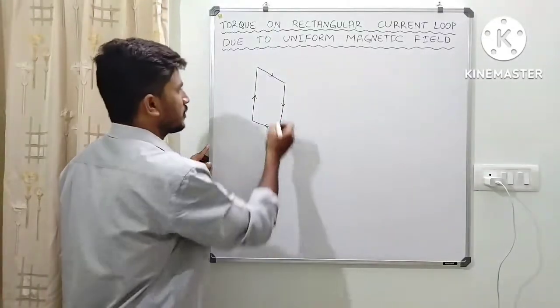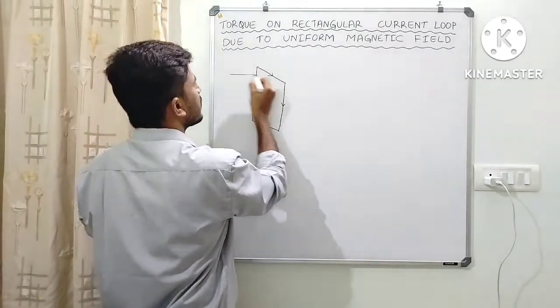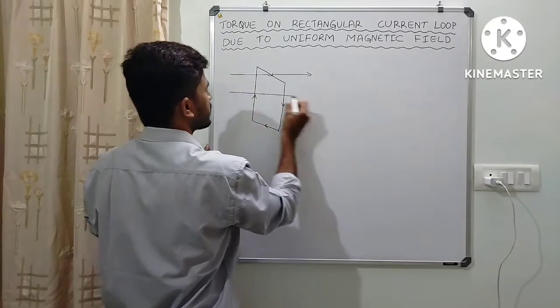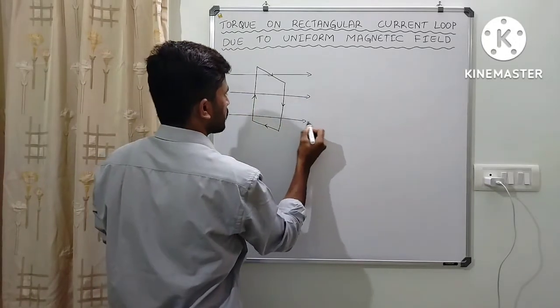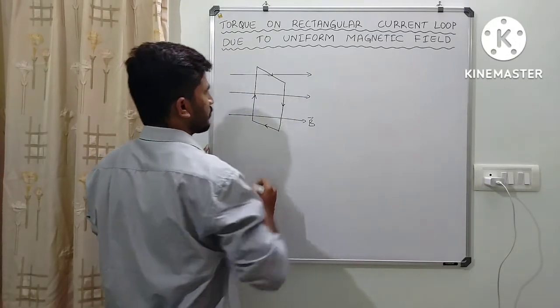This loop is placed in a magnetic field like this. So this is the magnetic field.